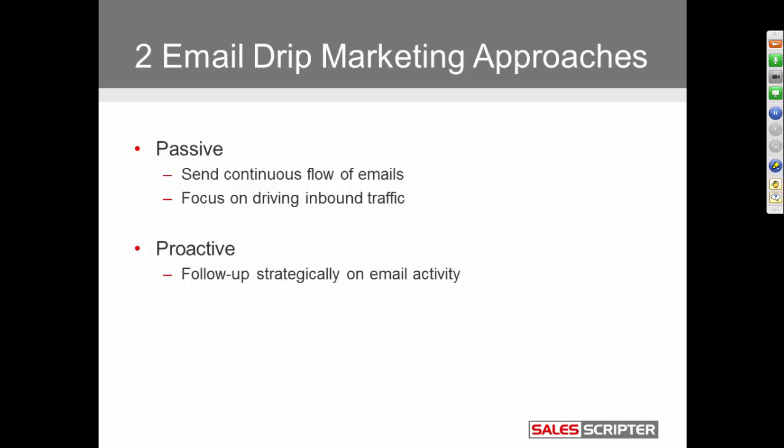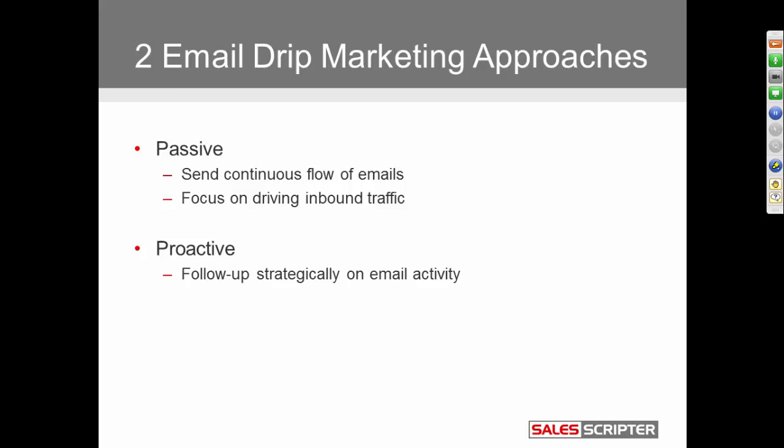You could also be proactive, which means I'm going to broadcast these email drip campaigns like I just showed you, but I'm also going to call the prospects, suspects, or current customers and interact with them in a specific way, based on the data I'm gathering from my email marketing. Let me explain that a little bit.